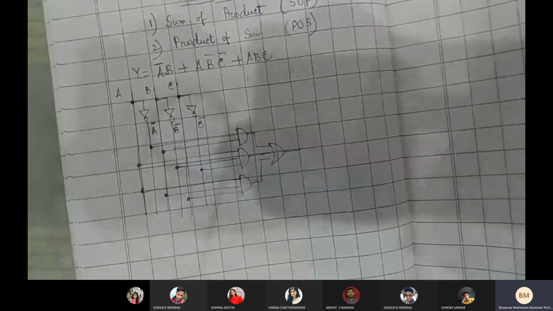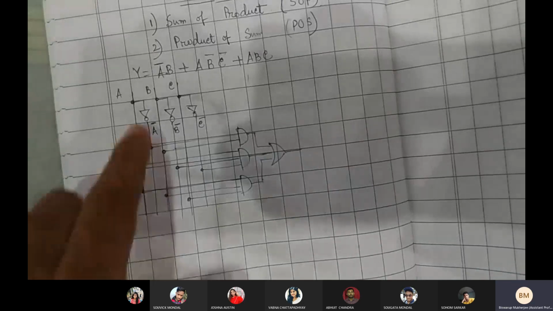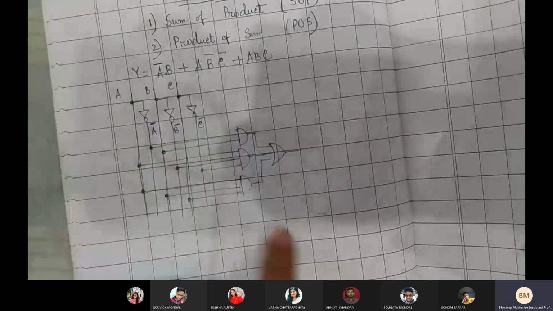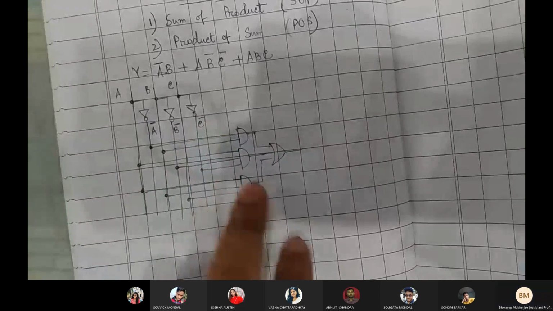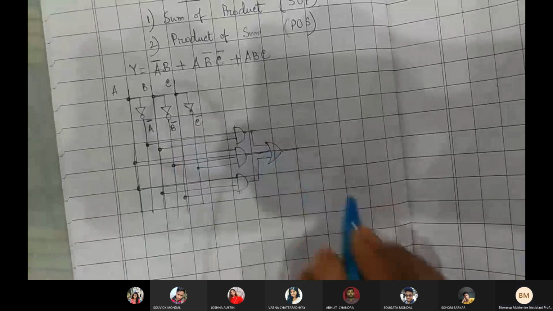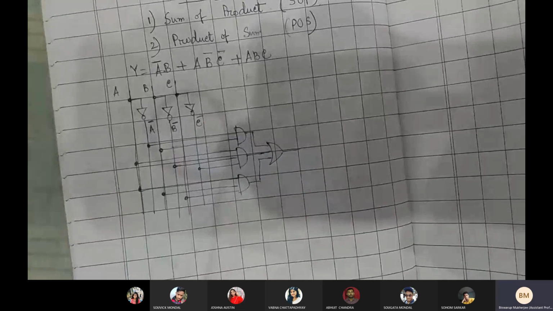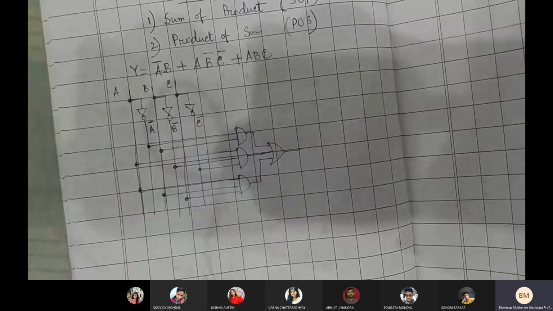So this is my circuit using basic gates, right? So there are NOT gates, 3 NOT gates followed by AND gates. The logic is there, and the final OR operation has been performed. Make sure that this is one of the most interesting things for a canonical format.